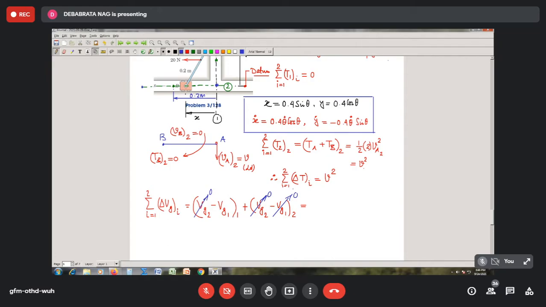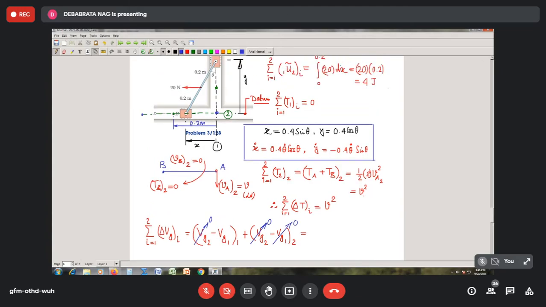So minus Vg11 indicates the first particle's gravitational potential energy at position 1. This is the first particle, and this indicates your position, right?